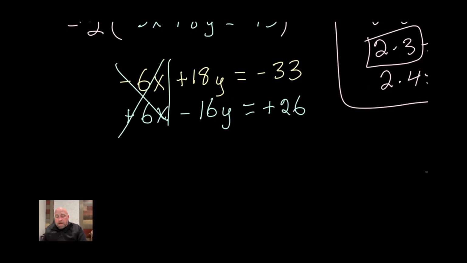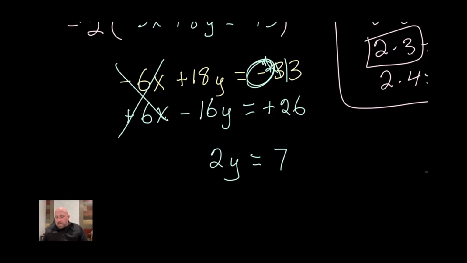But now I have to turn this into one equation. 18 minus 16, that's kind of easy, right? 8 minus 6 is 2, so that's a 2y, and it's positive because the 18 is bigger than the 16, equals, and then here we're going to subtract and take the sign of the larger, so it's going to give me a 7. Don't forget your rules of addition.